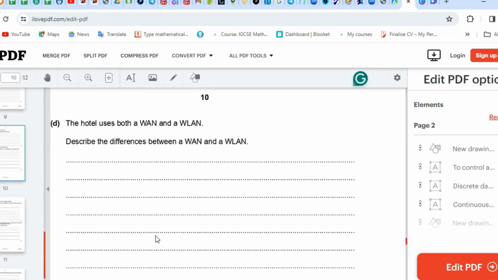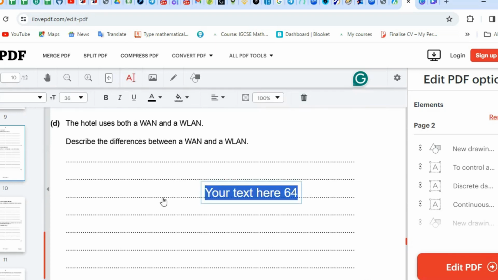For a WAN, it covers a large geographical area.